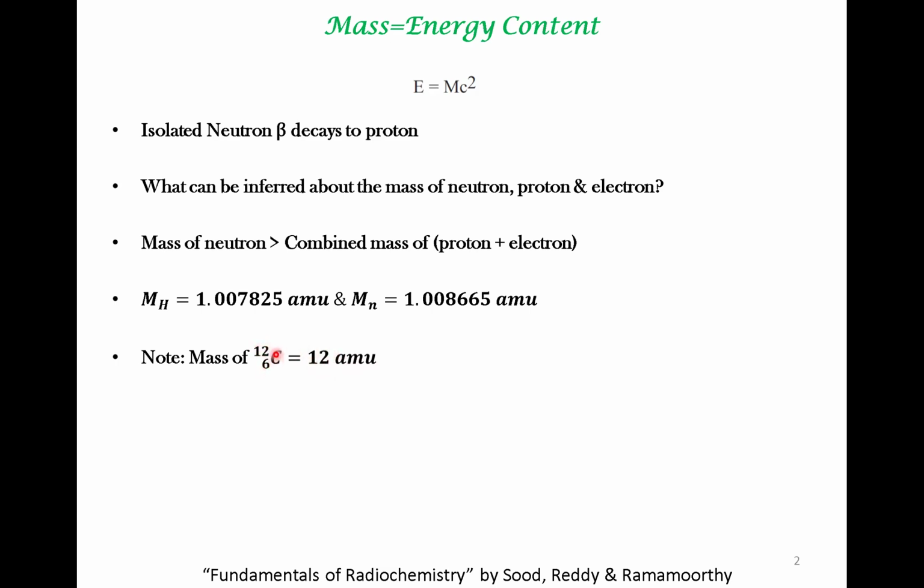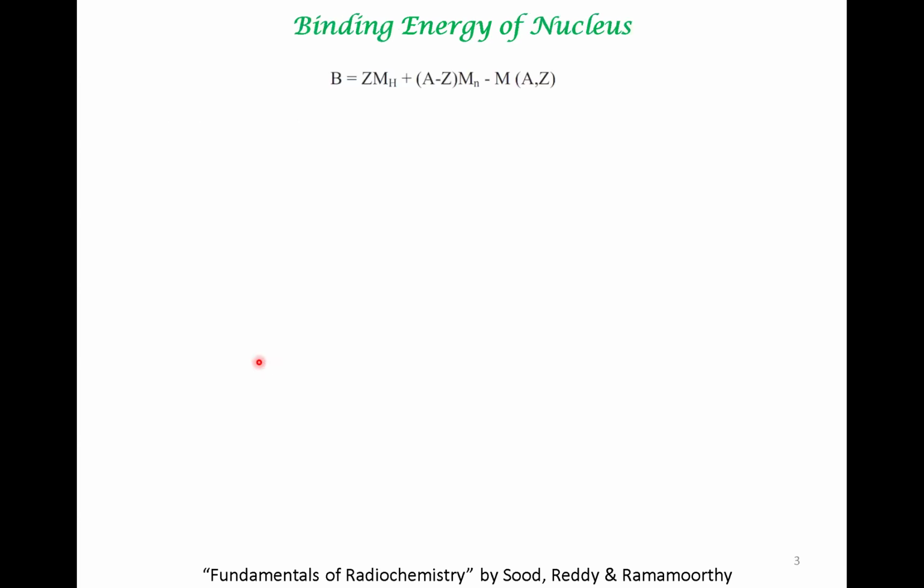Therefore, there are 12 nucleons in carbon. We will look at how to think about the so-called mass defect and the binding energy next. But what is important to understand is that this atomic mass unit came via defining the mass of C12, carbon 12.